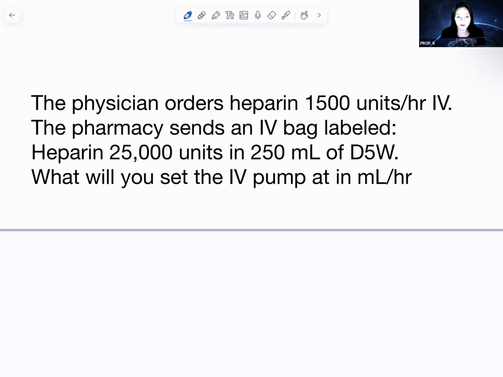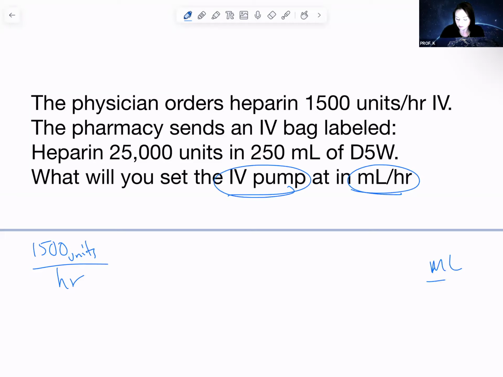So the doctor orders 1,500 units an hour. You're going to be given heparin all the time in your clinical practice when you're working as a nurse. 1,500 units per hour. It's a unit of measure as well. You have to get 1,500 units, and we're using a pump. And it's telling you, what are you going to set it at?